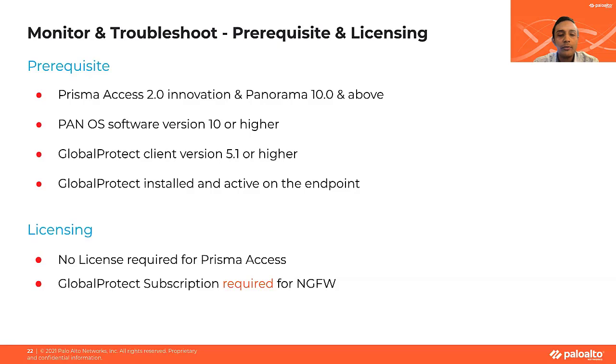In terms of licensing, there is no additional license required for Prisma Access mobile users. But if you are an on-prem GlobalProtect customer, then you will need a subscription GlobalProtect license for your next generation firewall to consume this feature. Next slide, please.